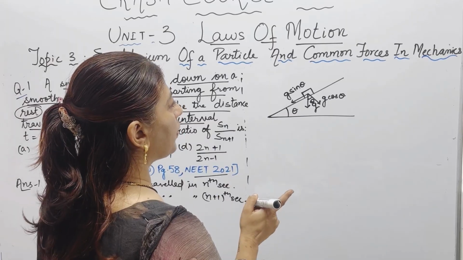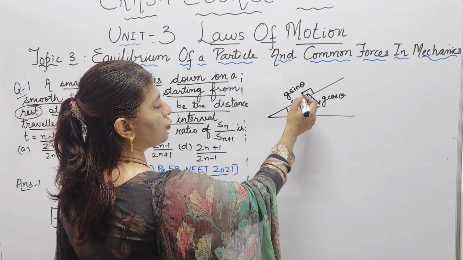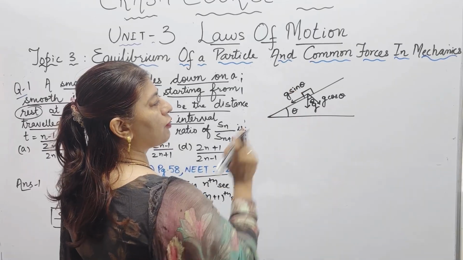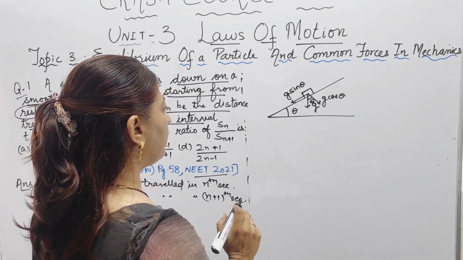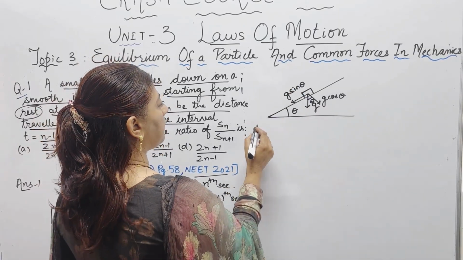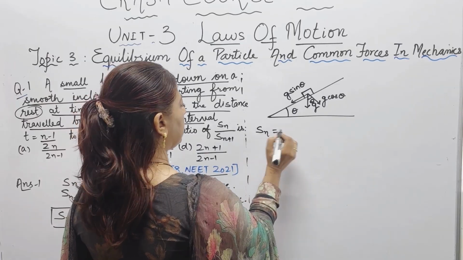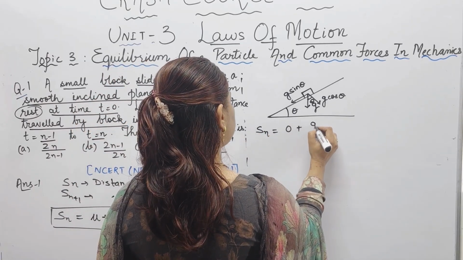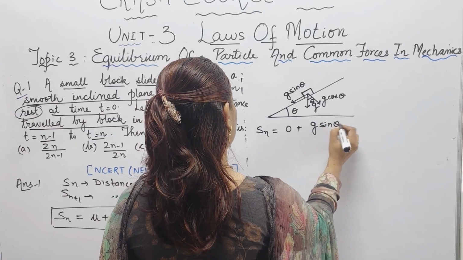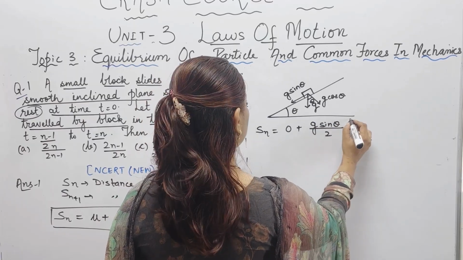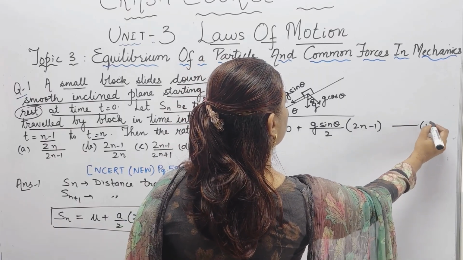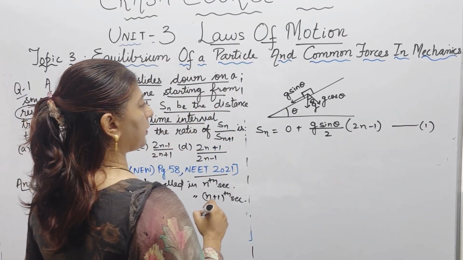So here the movement, the acceleration due to gravity that is making the block to move, is its sine component. So we can have Sn is equal to 0 plus g sin theta over 2n minus 1. इसको हम इक्वेशन नंबर 1 मार्क कर लेते हैं.